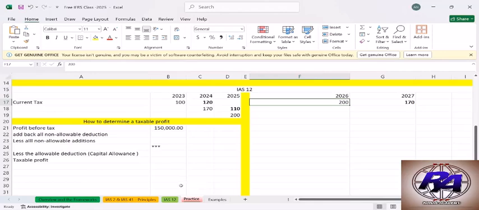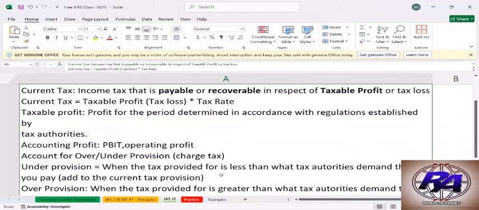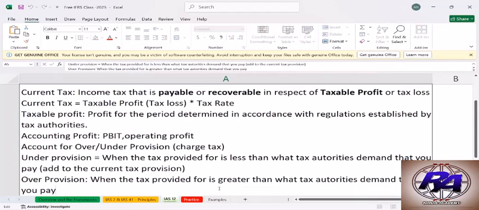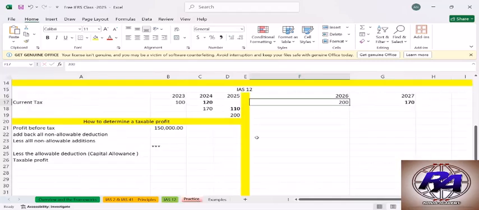With that, what we have to do is deduct it from our current tax provision. So the treatment is that we deduct it from our current tax provision.